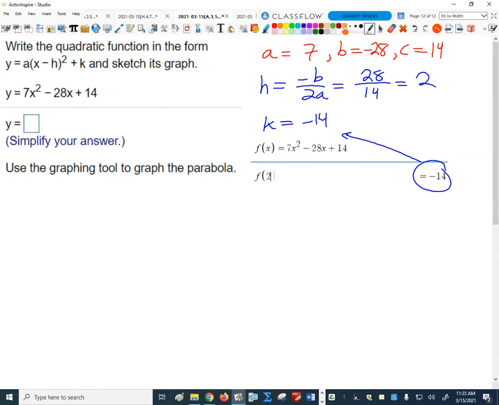Okay, so then please write this in vertex form then. What's going to go there? If I want to write this function in vertex form, we know A is 7, H is 2, K is negative 14. So everybody write that function out in vertex form, please.